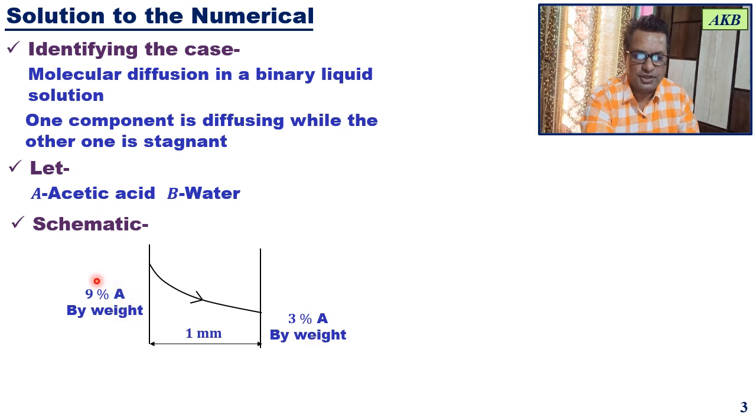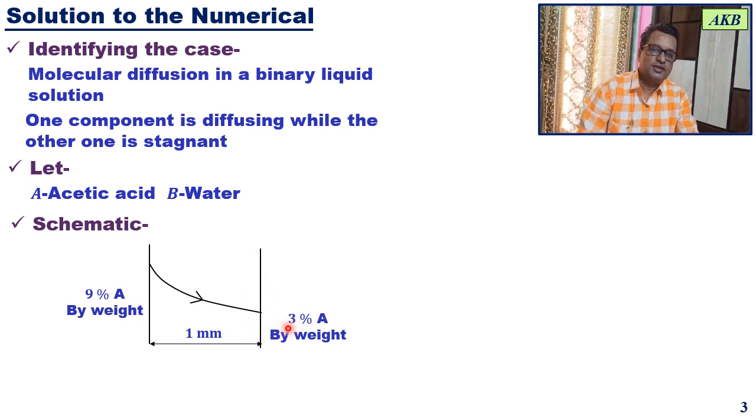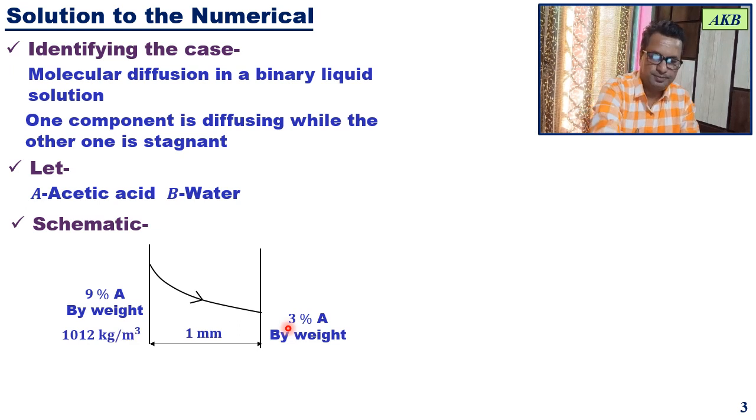Okay, so diffusion is taking place from a place of high concentration to a place of low concentration. So on this plane the concentration is 9 weight% of A, and on this plane the concentration is 3% of A. Of course, the concentration is in terms of percentage weight.